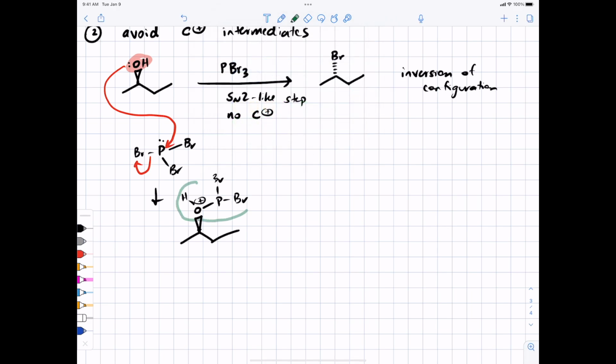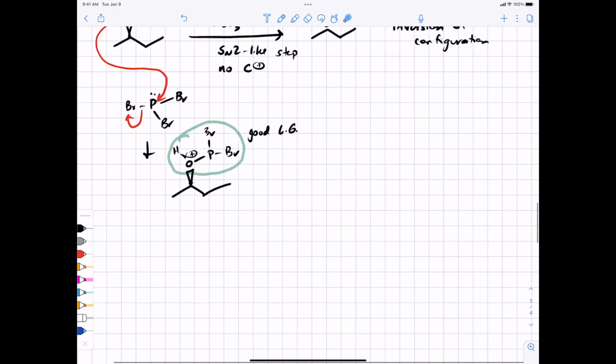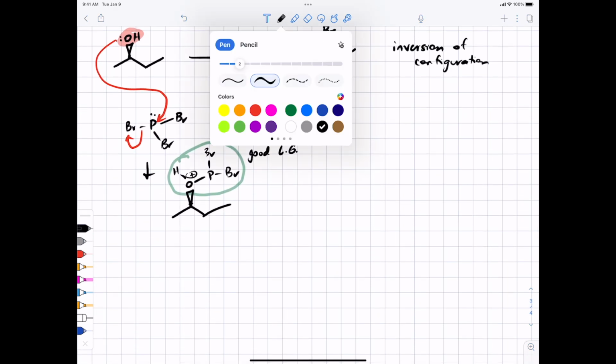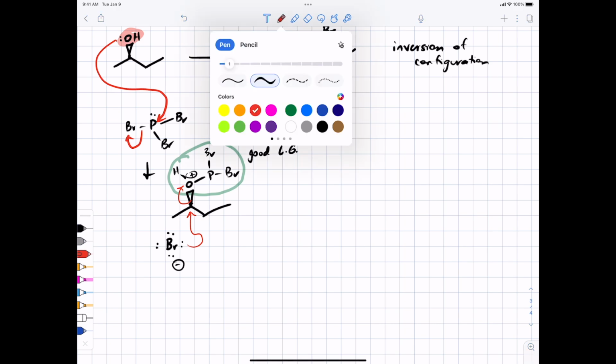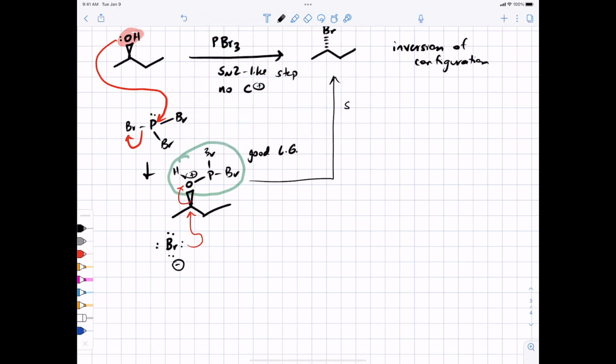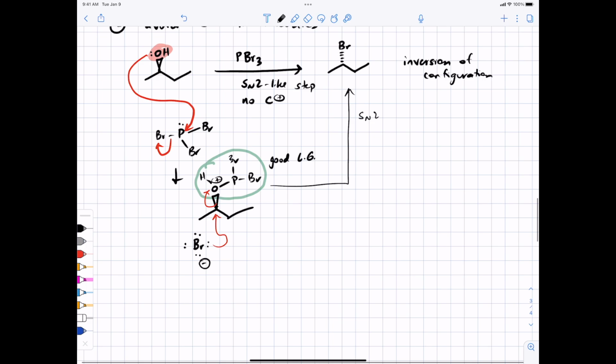So all of this is now a good leaving group. And we could try to look up the pKa of that group's conjugate acid. We won't worry about that. As I said, I'm not going to ask you to draw this mechanism, but once you convert that into a good leaving group, then Br minus can come in from the backside and do the substitution chemistry in an SN2 step to give you the bromide product.